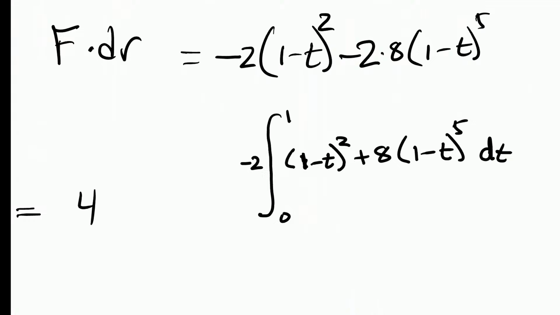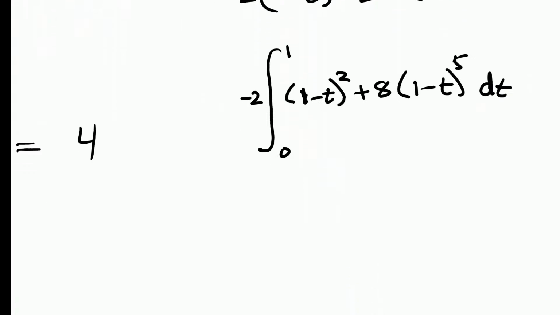And now this 1 minus t, you could use substitution with it, but why? We can do this in our heads, can't we? If you do u equals 1 minus t, du is negative dt. So if I do the integral of this, just think of this as being one unit, u squared. The integral is u cubed over 3, but because of the negative, I'll have an extra negative. So if you want to do u substitution, go ahead, but I don't need to.